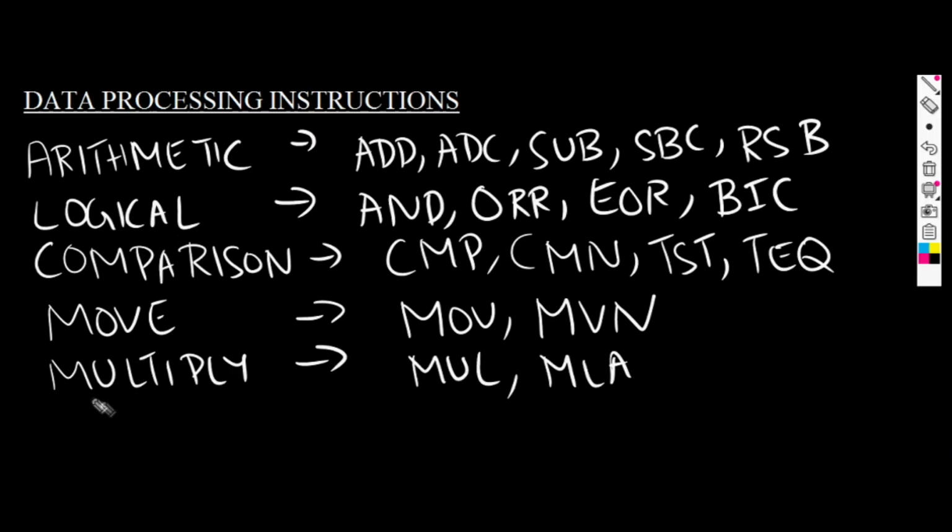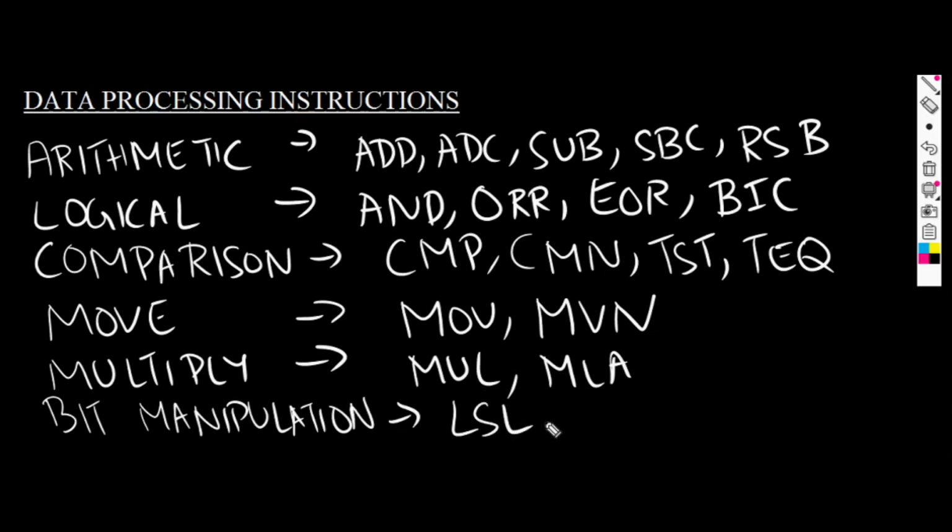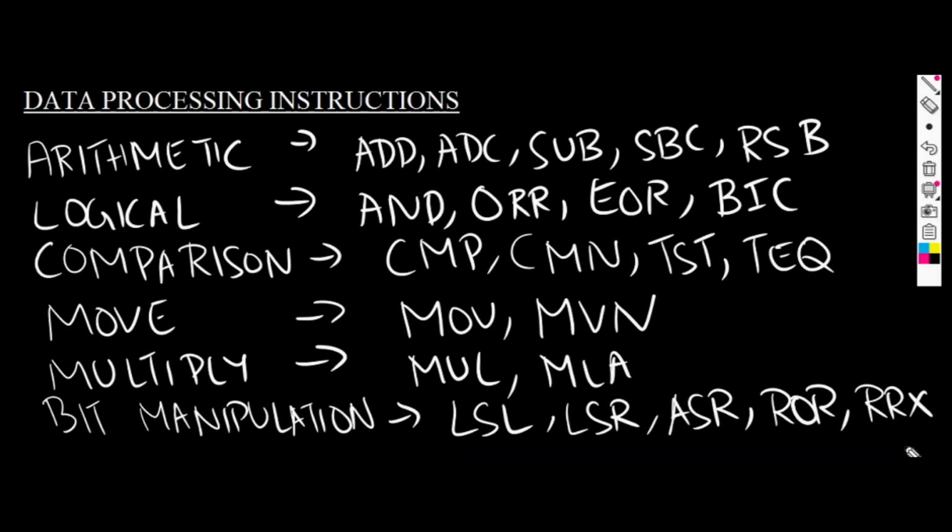Okay, then we have bit manipulation instructions, which involve all sorts of shifting, such as LSL, logical shift left, LSR, logical shift right, ASR, arithmetic shift right, ROR, rotate right, and RRX, rotate right extended.